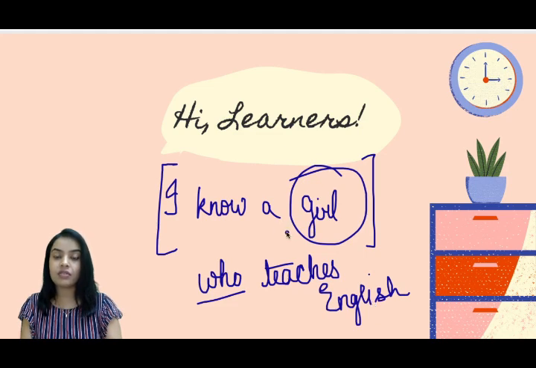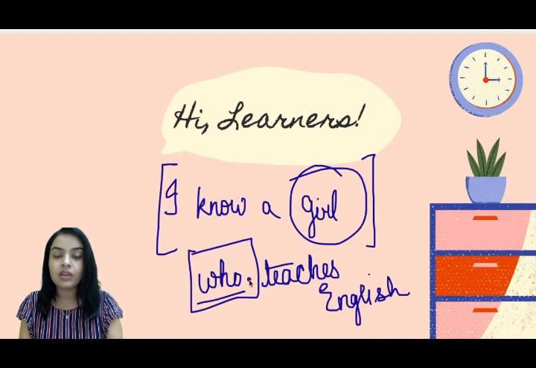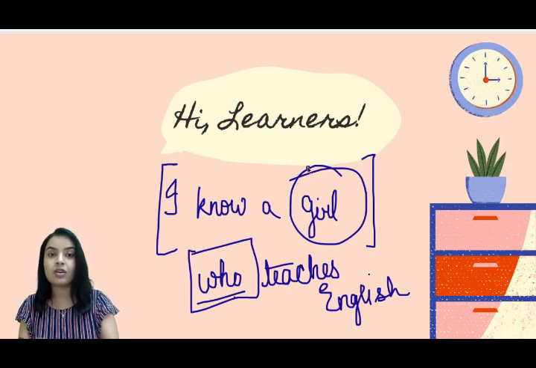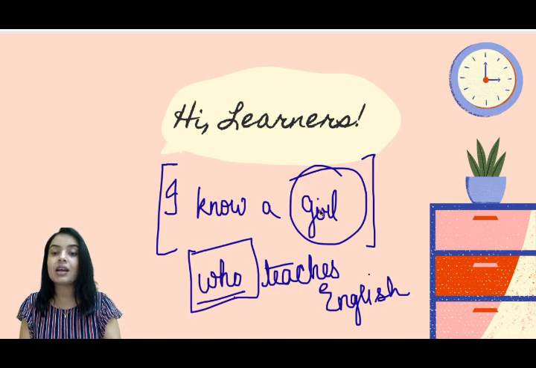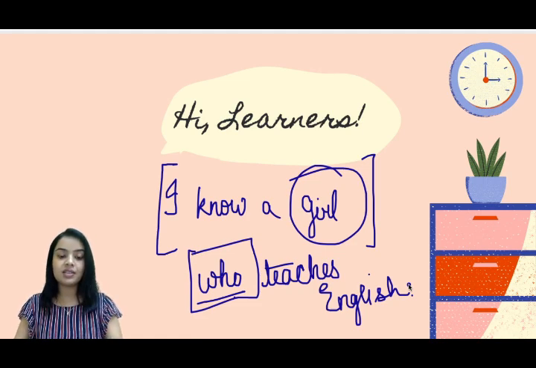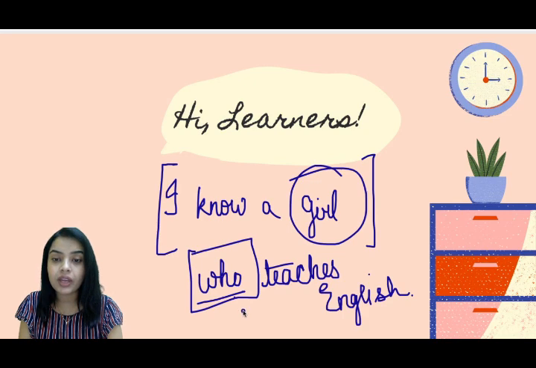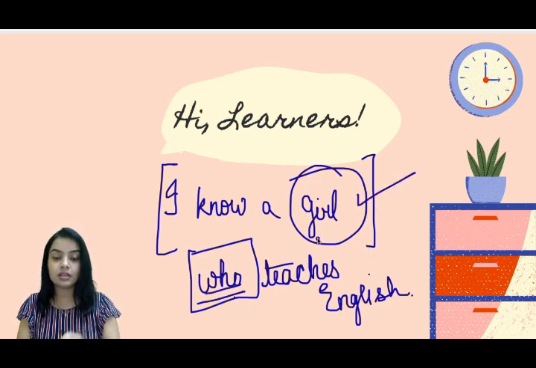So instead of saying 'and' or making a new sentence, I use who, and after who I use teaches. This is for this girl, and in subject verb agreement, which later on someday we will study, but for now, for those who understand, teaches is according to girl because it is third person singular. Okay, this is a very simple example to understand what a relative pronoun is. It is helping me relate back to this girl.